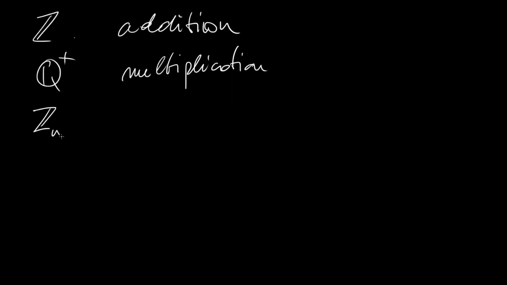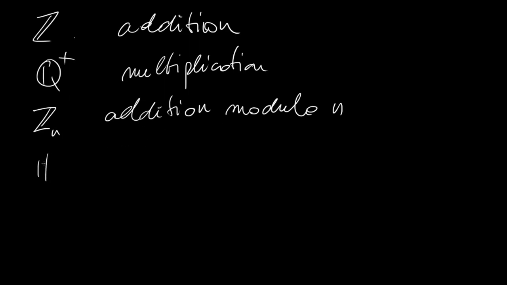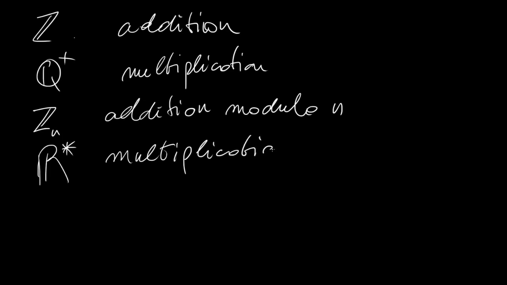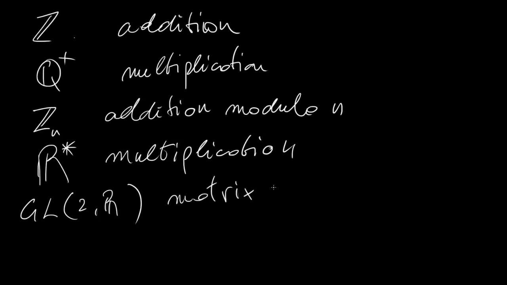This is the set of the integers less than n, and it is equipped with addition modulo n. The set of the non-zero real numbers is equipped with multiplication, and then we saw that general linear over R is matrix multiplication.